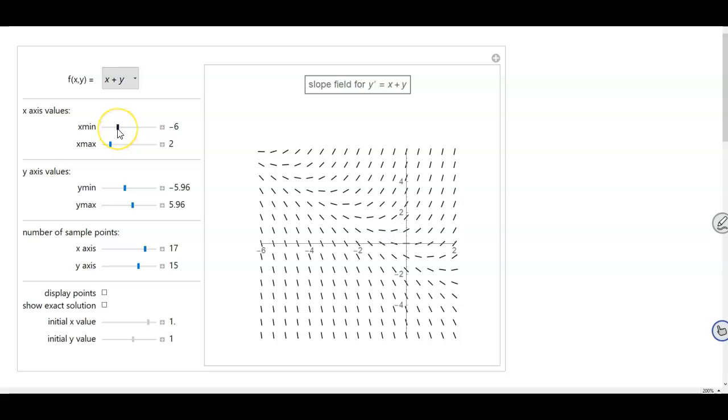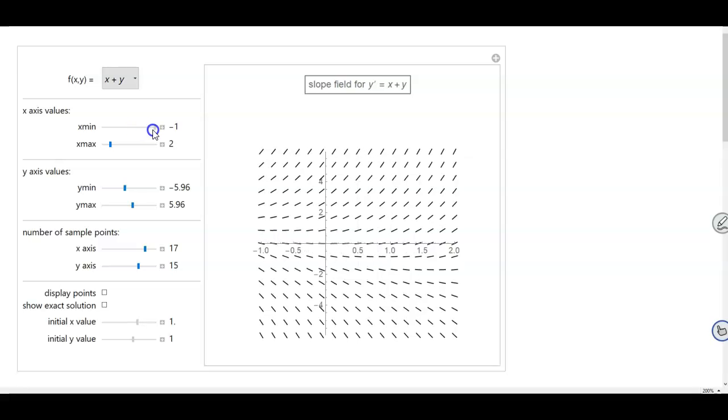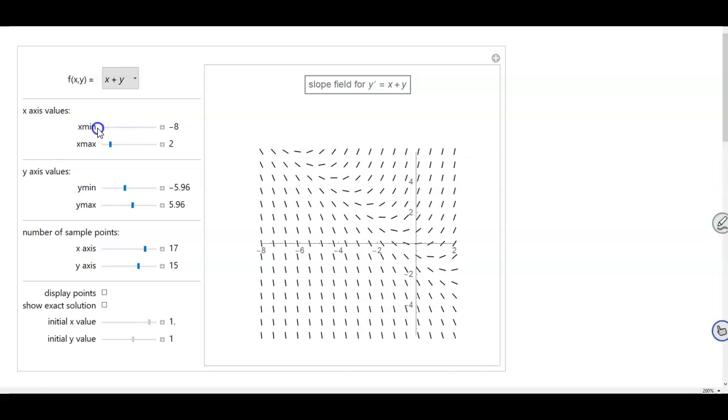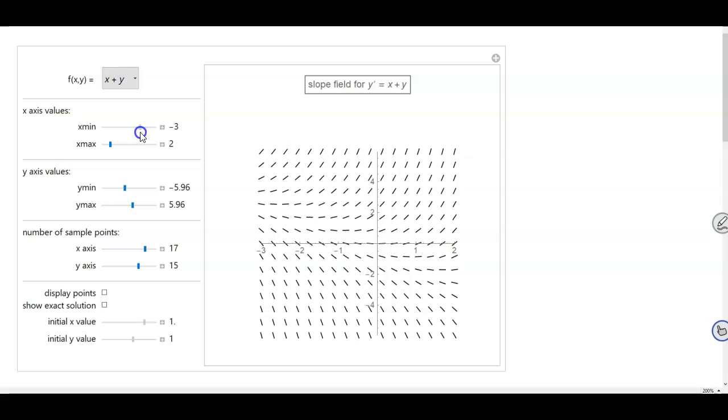So if you take a look at the x minimum, if I shift it to the right and keep getting larger and larger with the value of x, you can see what's happening with the direction field. If I start here at -8 and I continue, you can see what's happening with each particular line segment. They start changing according to the slope.